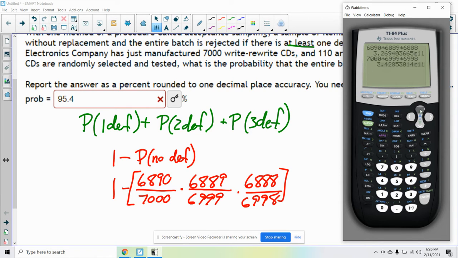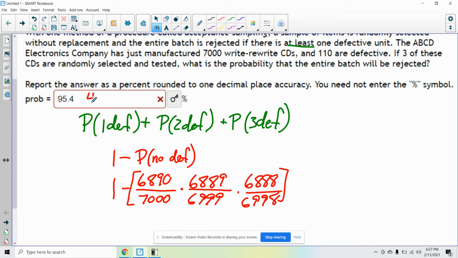I'll just take this and divide by that. So that's what you got here, but remember, it's the complement. So I'm going to do 1 minus. So I think you're actually very close. So you should really get 0.046, or as a percentage, this is going to be 4.6%. You actually found the probability of the complement.